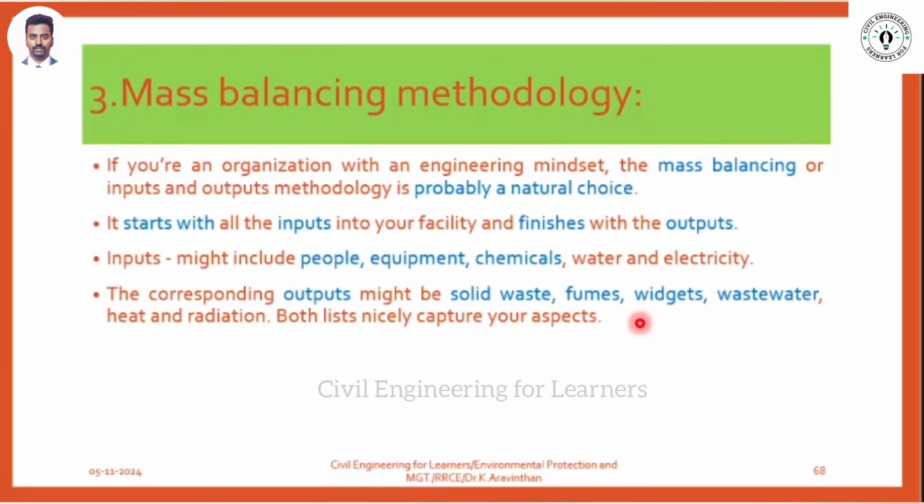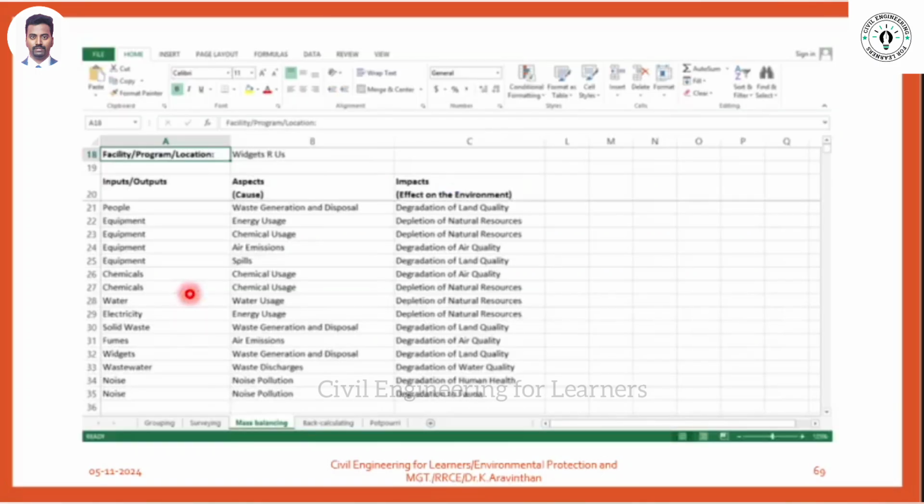Unless you give input, output will not be there. In a calculator, you have to give some input, then only the answer will come. For a clock, you have to set the clock. The clock will run. If you initially set the clock right, it will show the right answer. But if you set the clock in a wrong manner, then it will not show. Like that, a widget depends on your input. Wastewater, heat radiation, etc. These are all called outputs.